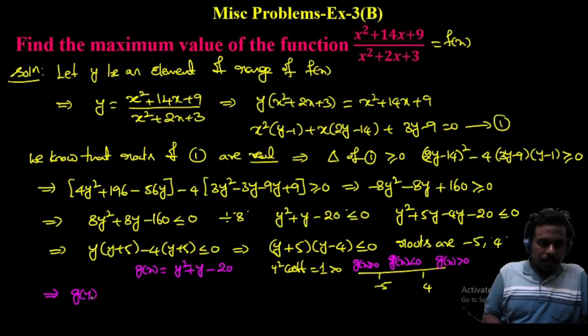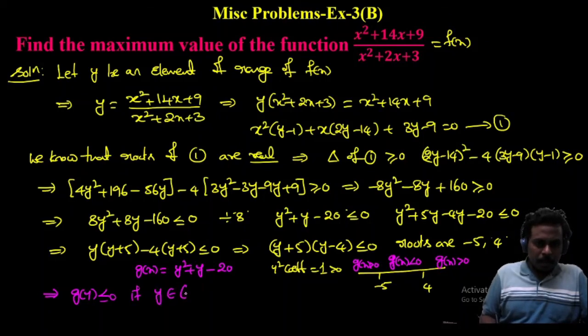Okay, so what we need is g of y less than or equal to 0. g of y is less than or equal to 0 if y belongs to the interval minus 5 to 4. Since it is less than or equal to, we have to write the closed interval here.